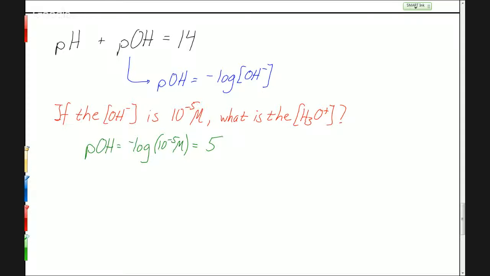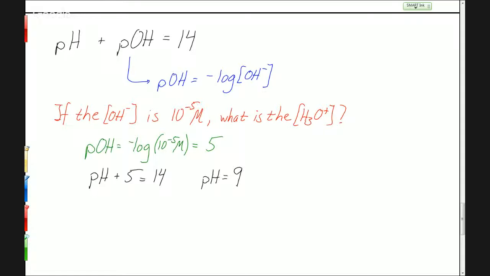Then we can use that equation above to solve for the pH. The pH plus 5 equals 14. So that means that the pH has to be 9. The question doesn't ask us for the pH, though.